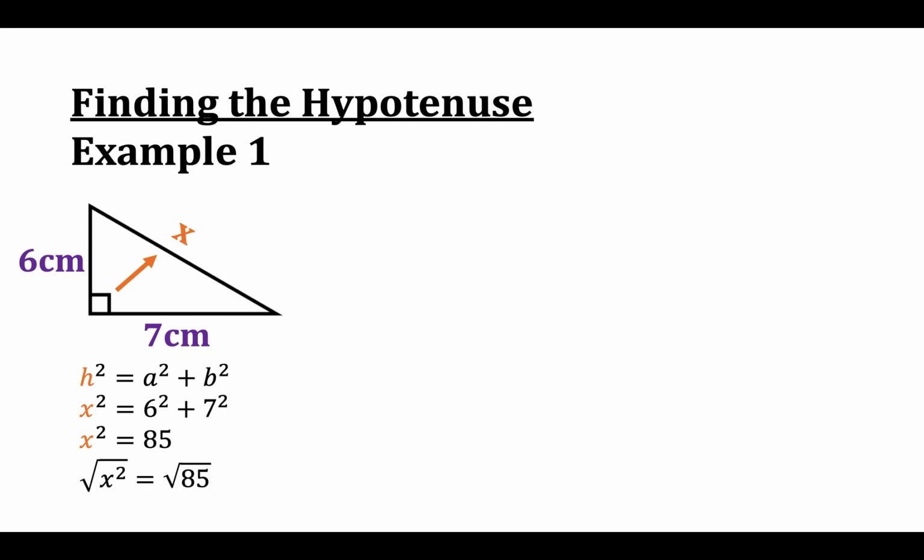So we have this, square root of x squared is equal to the square root of 85, and the square root of x squared leaves us with x, and the square root of 85 is 9.22. We're working in centimetres, and we've rounded that to 2 decimal places. So just now would be a good time to pause the video and copy this down in your notes jotter.